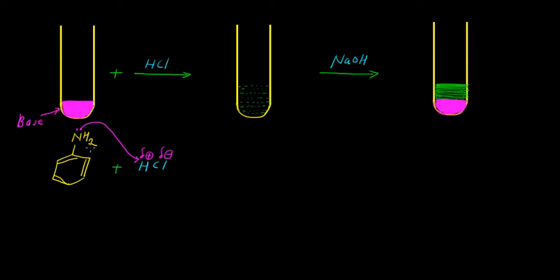When aniline is dissolved in HCl, at that time we get a clear solution. It indicates that whatever intermediate is going to form is soluble in water. So it means that we get a compound like that. So let me draw the structure.